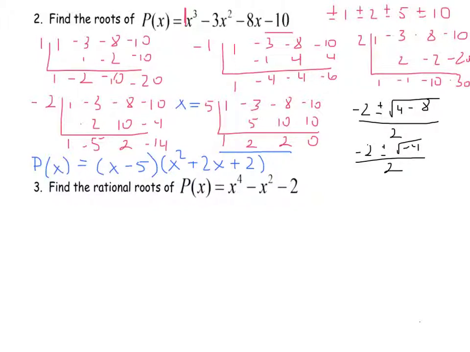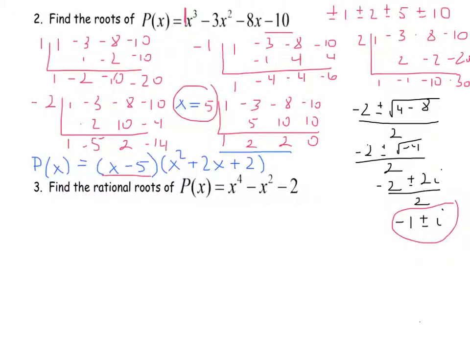And if I simplify, it's negative 2 plus or minus 2i over 2. So the roots will be negative 1 plus or minus i. So x equals 5 is my real root, and my two complex roots are negative 1 plus or minus i.